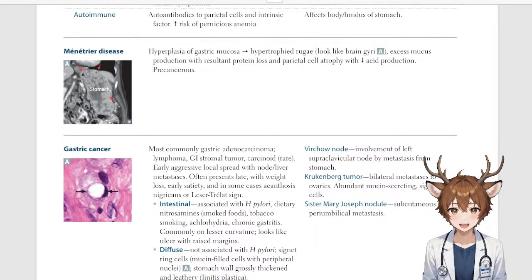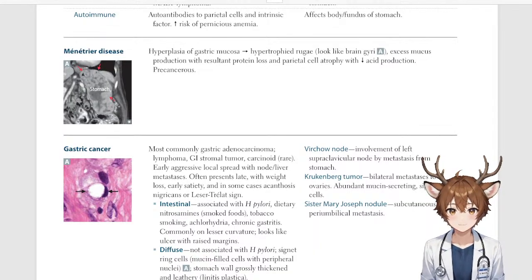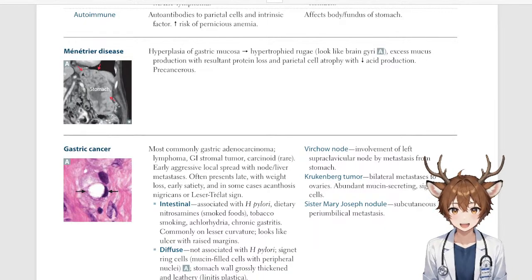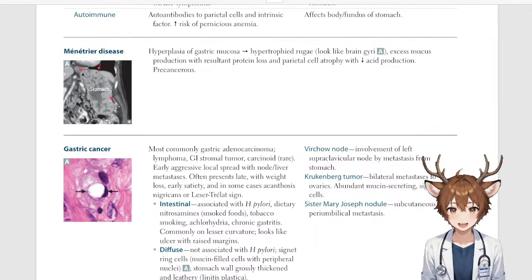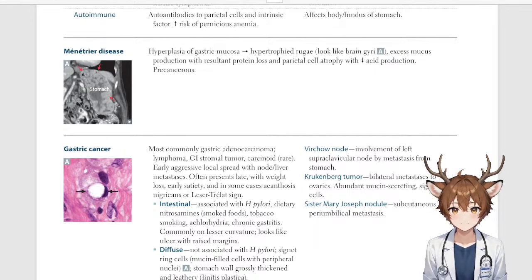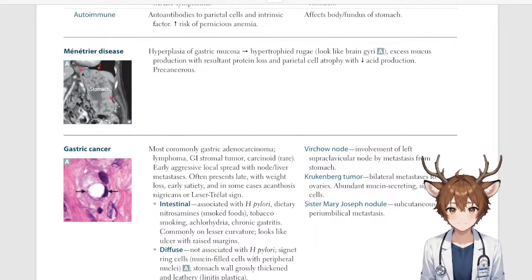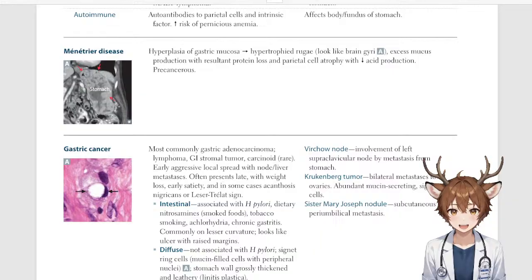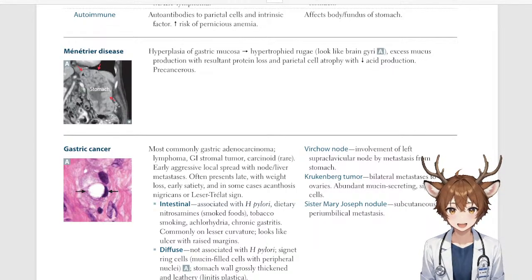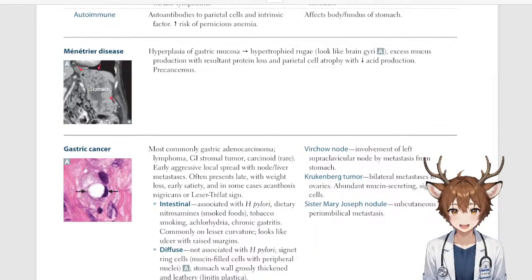We have another one called Menetrier disease. Hyperplasia of the gastric mucosa leading to hypertrophied rugae, or wavy-like brain gyri, which you can see kind of there in your picture. Causes excess mucus production with resultant protein loss and parietal cell atrophy with a decrease in acid production.